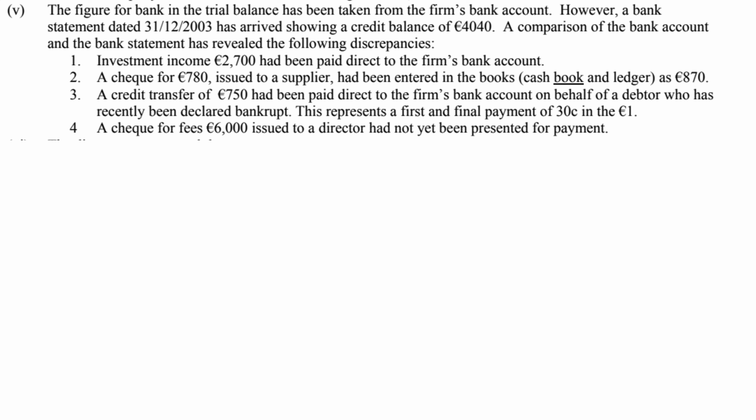Number 3, a credit transfer of €750 had been paid direct to the firm's bank account on behalf of a debtor who has recently been declared bankrupt. This represents a first and final payment of 30 cent in the €1. And number 4, a cheque for fees €6,000 issued to a director had not yet been presented for payment.